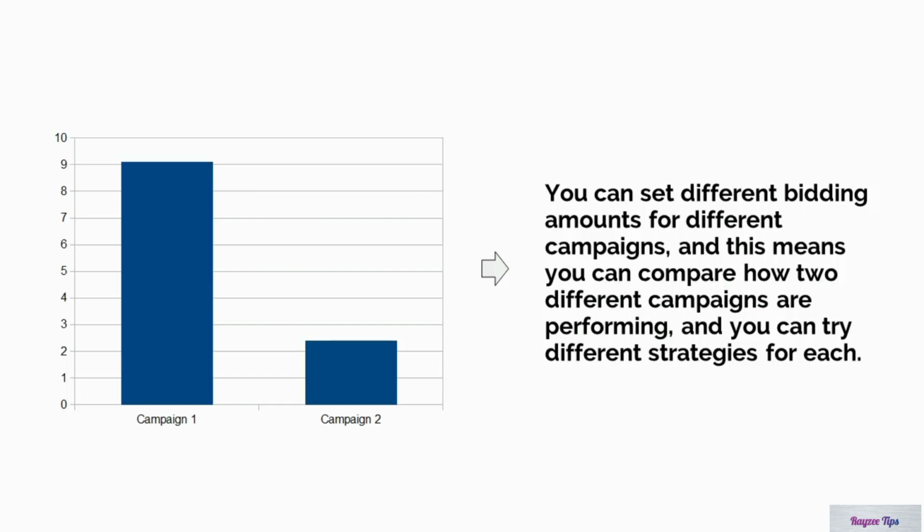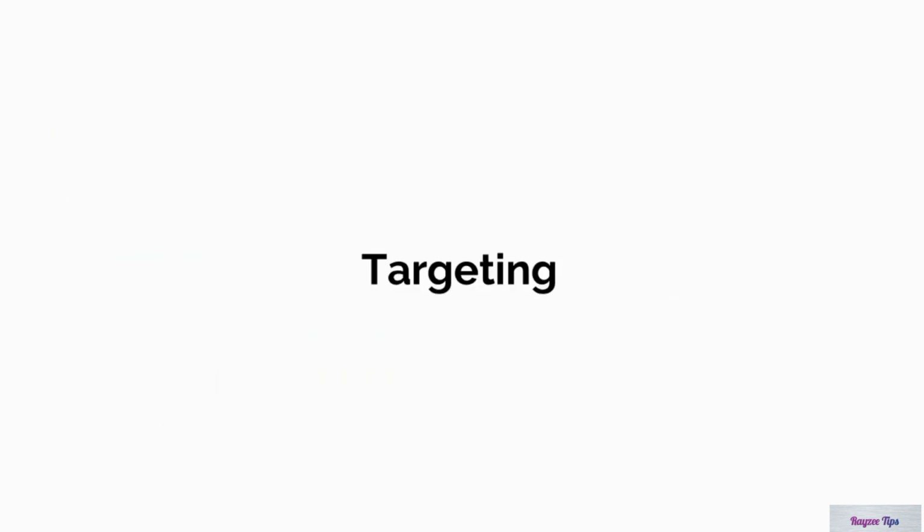Another important factor to that end is your targeting. Targeting refers to the way in which your ads will be aimed at a very specific group. Most advertising campaigns will have a particular target audience in mind, and your job is to make sure that you're only paying for those specific people to see your ads.